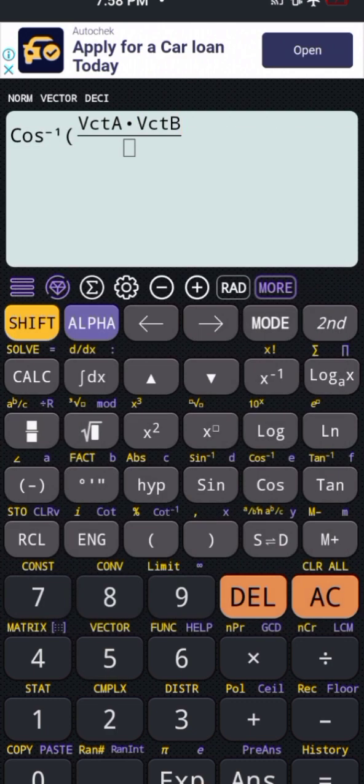So you have something like this: vector A dot vector B. Press shift 5, 3. Then you press shift 5 again, click on the button that will show you dot. Then you press shift 5, 4. Then divided by the magnitude of A. To get the magnitude of A, just press shift hyp, shift 5, 3.